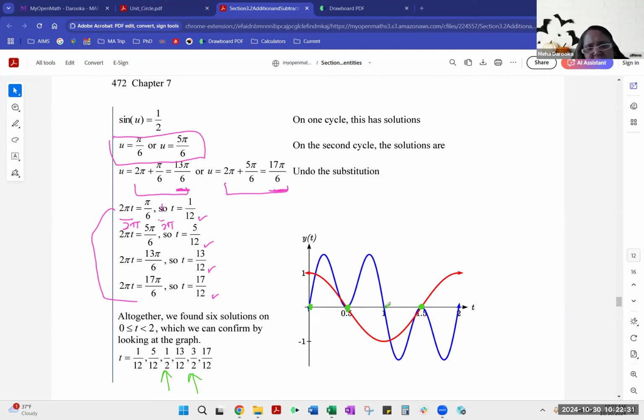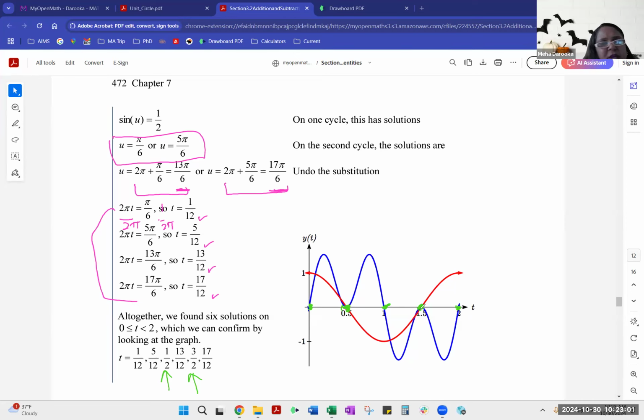You should have the 13/12 because it will be slightly larger than 1. And then you will have your 17/12, which will be just shy of 2 on that side. So you should see those total 6 points. And again, there's a little bit of overlap happening at the 1.5 and the 0.5 location, but you have your 6 pairs where the graphs are crossing the x-axis.